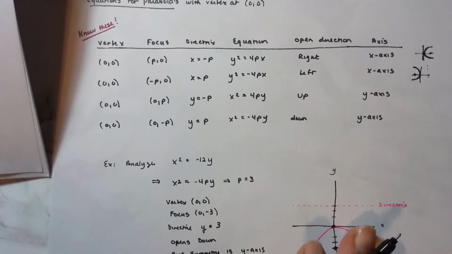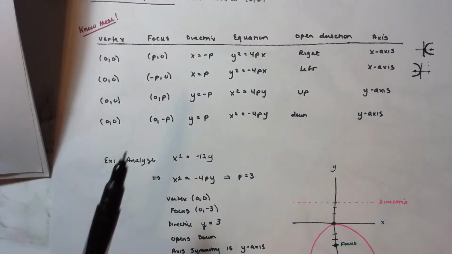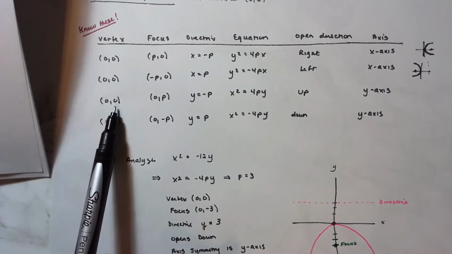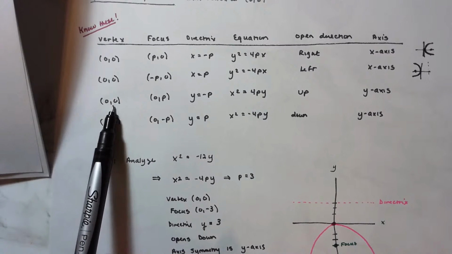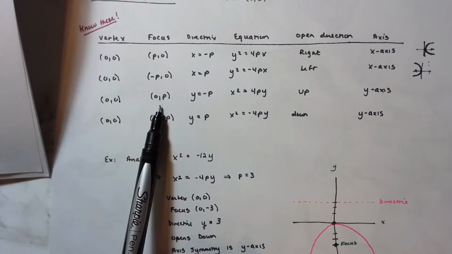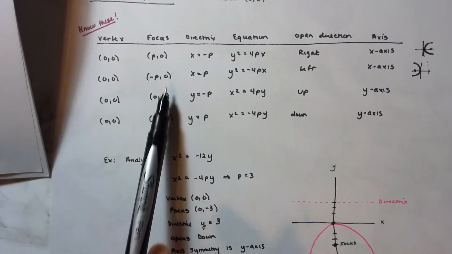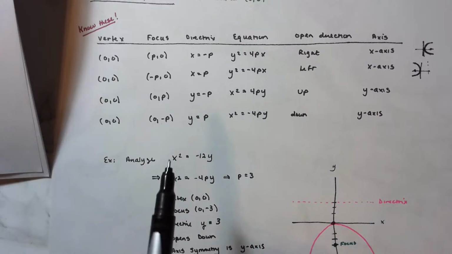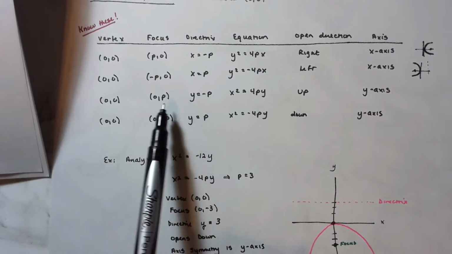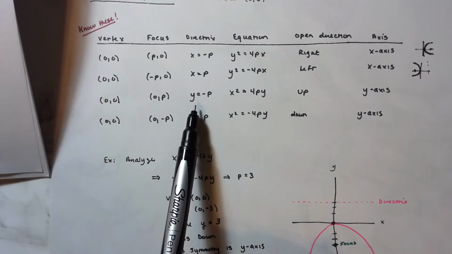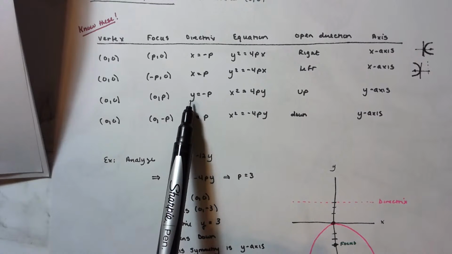Now, the up or down versions, the type you're used to. Again, if our vertices are at 0, 0, the focus for this one is (0, p). So you notice these sort of just reverse, right? They swap places, kind of like an inverse would do, but not quite. The directrix now is the line y equals negative p.